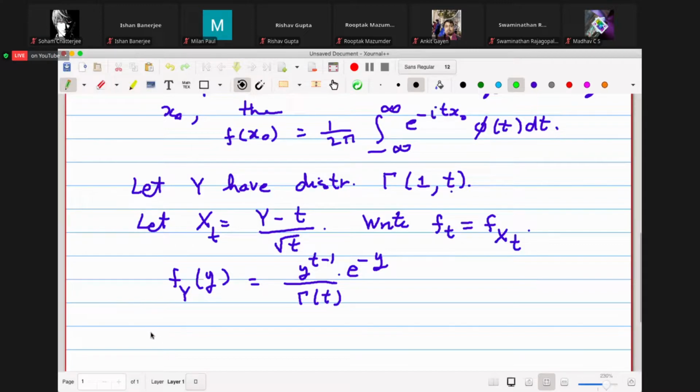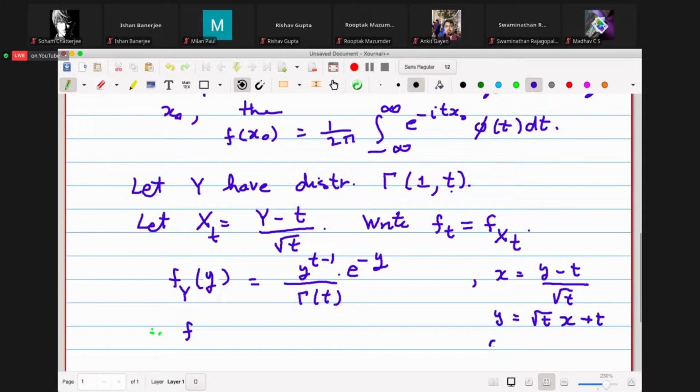And therefore, what is the density function for x_t? I just write here and then explain. You see, x is equal to y minus t by square root of t, or rewrite it as y is equal to square root of t times x plus t.